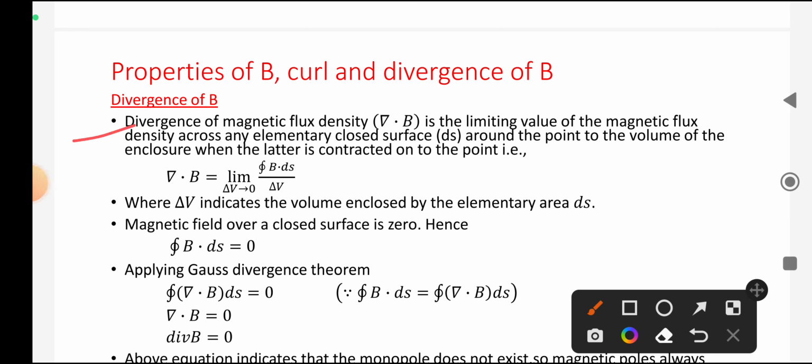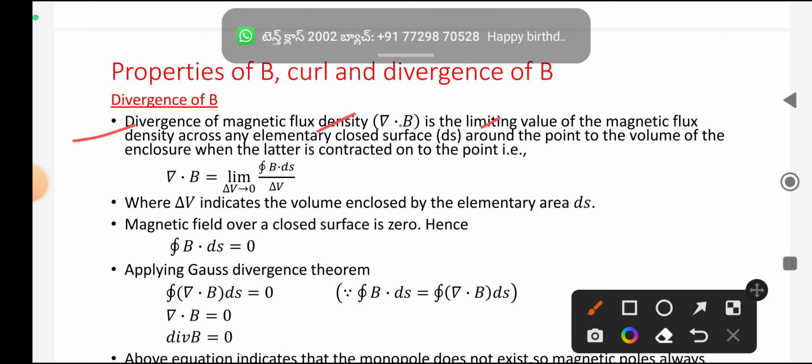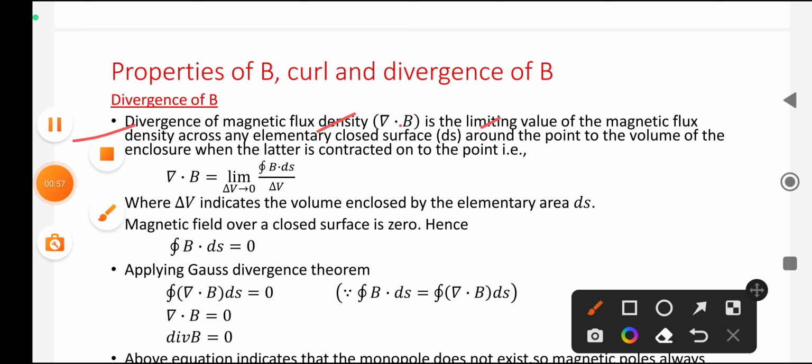Divergence of a magnetic flux density, del dot B, is the limiting value of magnetic flux density across any elementary closed surface.